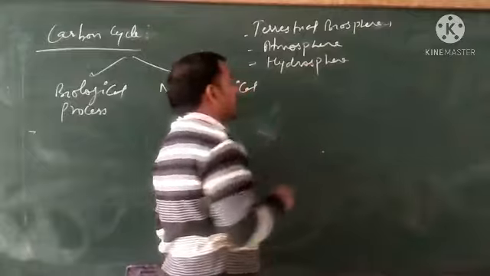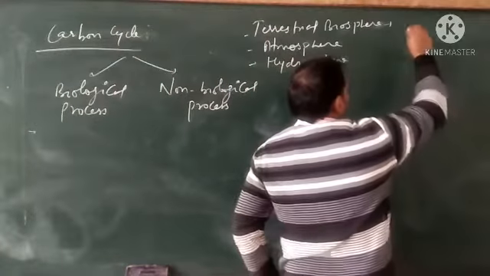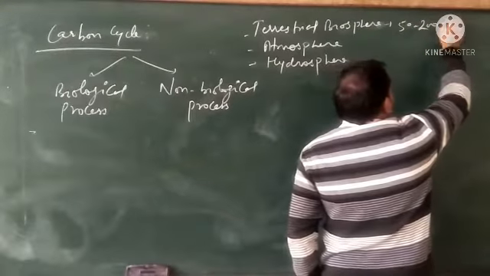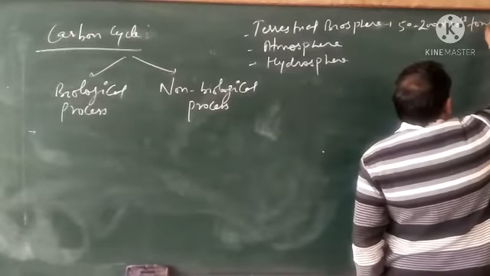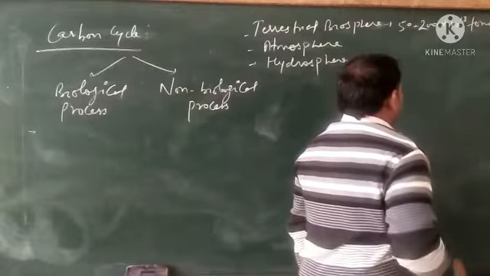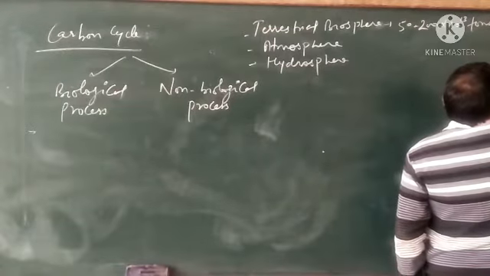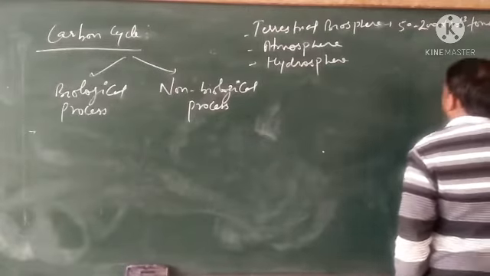In the terrestrial biosphere, the amount of carbon is about 200 into 10 to the power 13 tons, present in organic form.